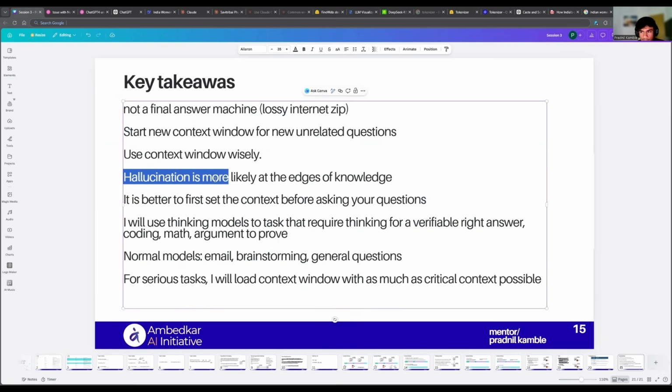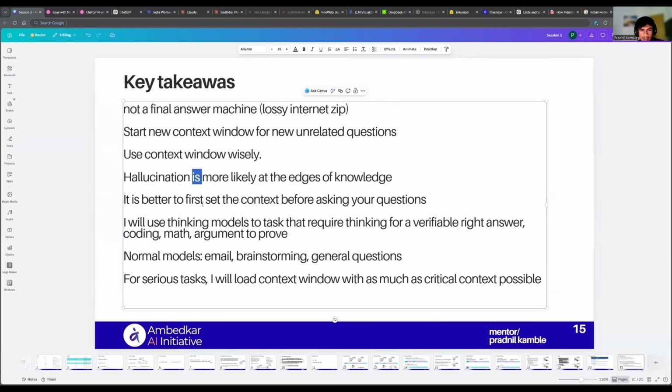That's why you have to read through your answer properly and cross check it. But hallucination is more likely at the edges of knowledge. It more likely happens at the places where the model has not been trained, right? For example, one such area is the current situation in the world, because the model was not trained on today's data, right? It was trained in 2025. So on such questions, there is a high chance that the model will hallucinate.